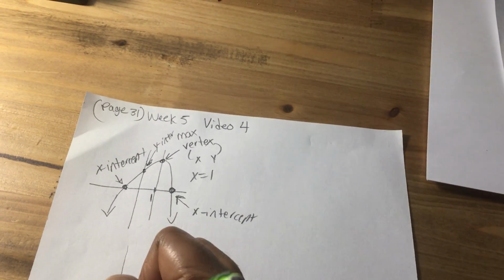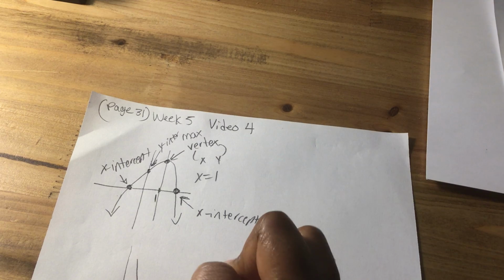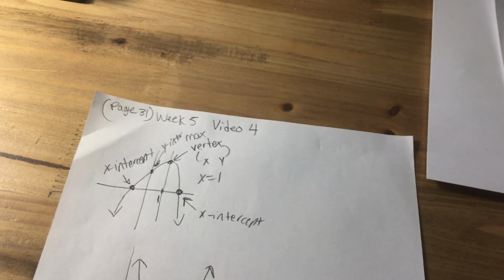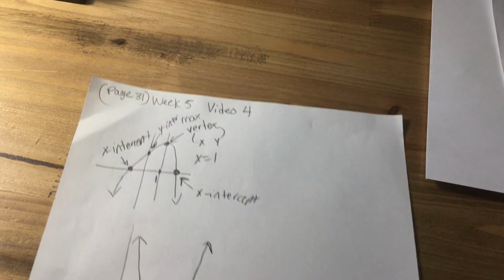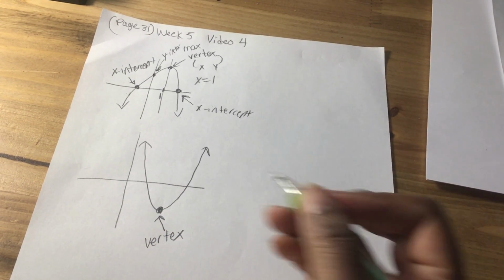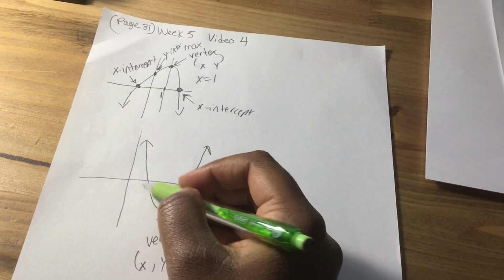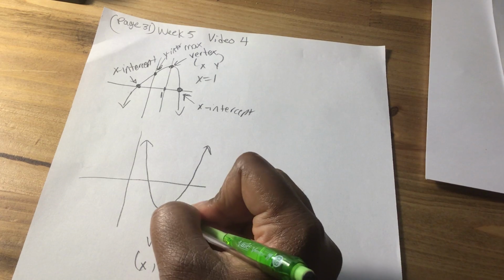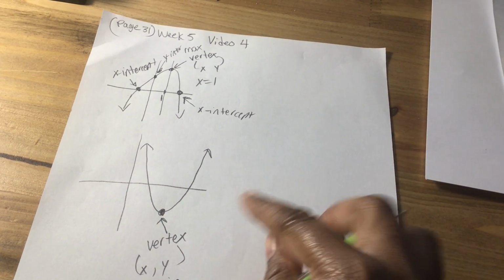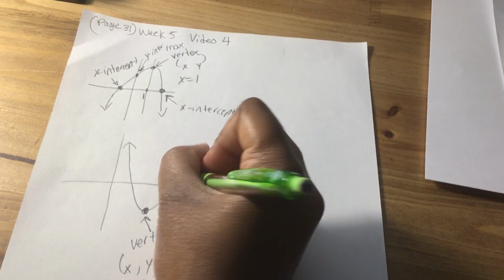Okay, so another picture, if it's an upward U, again, this right here is your vertex, x, y. Since it is an upward parabola, this is the lowest point, so this vertex is going to be your min. Your vertex can't be both max and min. It's either one or the other.